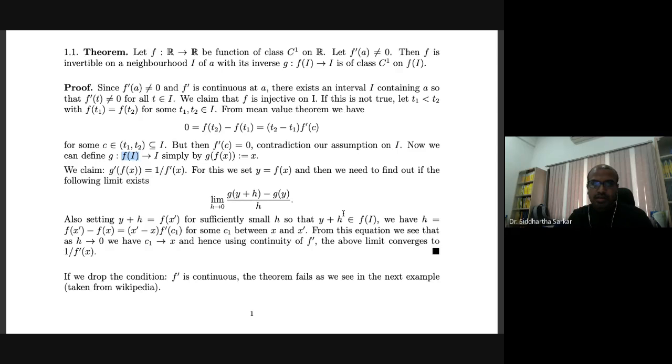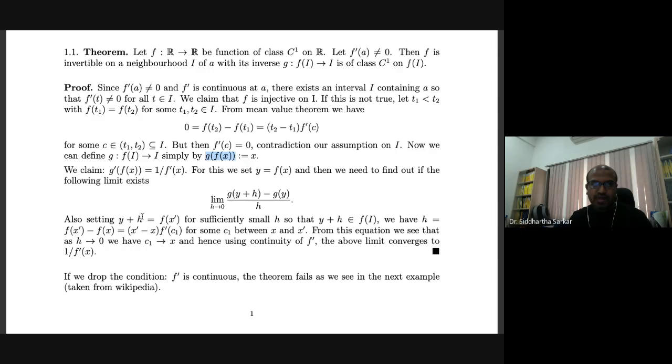So if that happens, then this top line turns out to be x prime minus x. See over here, my g of y is x and g of y plus h is x prime.